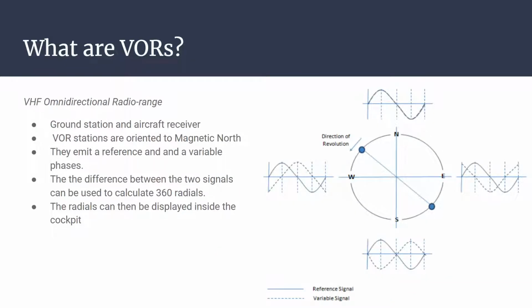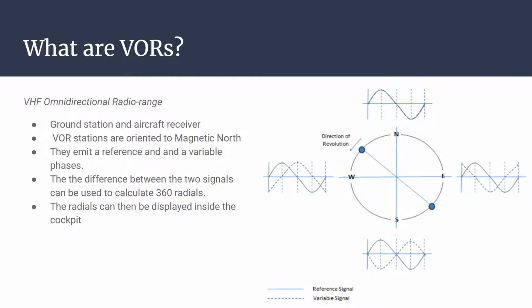So we've got the station that transmits the VOR signals, and then the receiver in the aircraft. The important thing to know is that VORs are calibrated to magnetic north. So if you're looking at your VFR charts and planning your flight, and you want to go to the VOR on the 170 radial, and you're doing it by the chart, you've got to make sure to correct for magnetic variation.